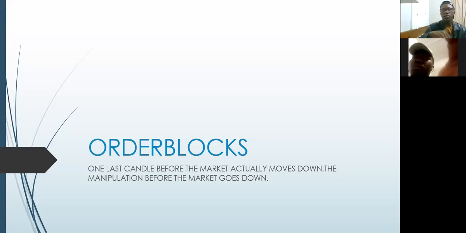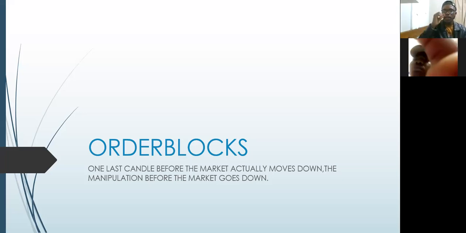Somebody may be asking, what are order blocks? I will simplify it by saying it is the one last candle before the market actually moves to a certain direction. The order block is identified by the last candlestick before the market actually moves to a certain direction. It might take a bearish direction, or it might be taking a bullish direction.